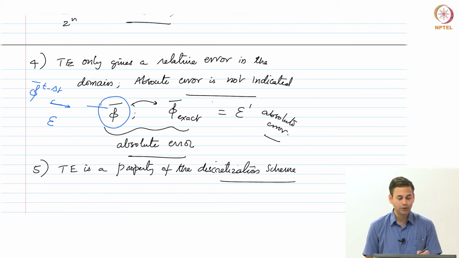Or, instead of decreasing your delta x, you could use a higher order accurate scheme, because on the same delta x a higher order accurate scheme will have lesser truncation error and thereby can give you a more accurate result. So, there are two ways: keep decreasing delta x, or keep going to a higher and higher order accurate scheme on the same grid. Of course, both have their own differences and advantages, we will discuss that later. Is that clear?